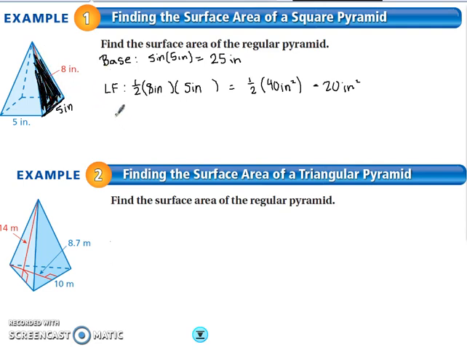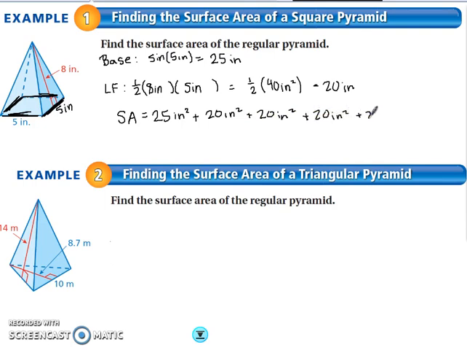Now I have 4 of them, 1 for each side of the square that is my base. So I have 1 triangle along this side, 1 along the front, 1 going up along the left, and 1 going up along the right. So my entire surface area is going to consist of the area of my base, which is 25 square inches, plus the area of each of my lateral faces. 1 of them is 20 square inches, but I have 4 of them, so I'm going to add on this 20 square inches 4 times.